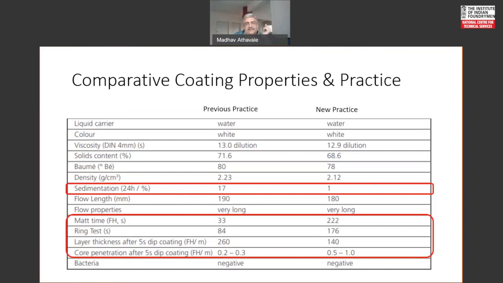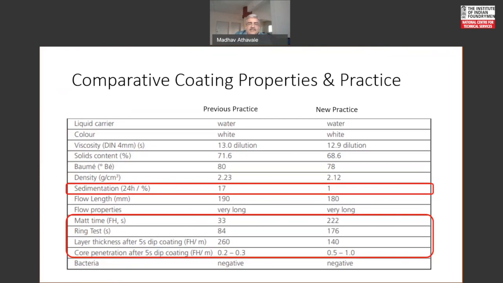Ring test, I'll not get into the details of this. It is something which tells you how well flocculated, how well dispersed the coating is, how well dispersed the fillers are in the coating. Then layer thickness after dipping, 5 seconds dipping, and the coating penetration after 5 seconds dipping.